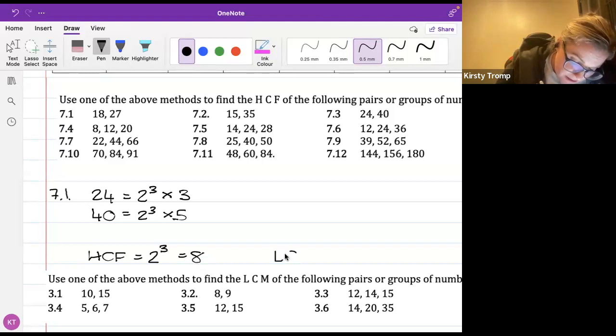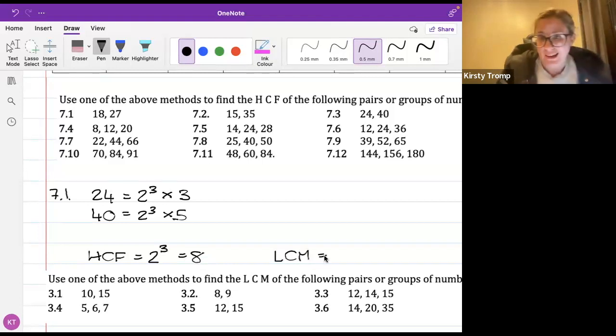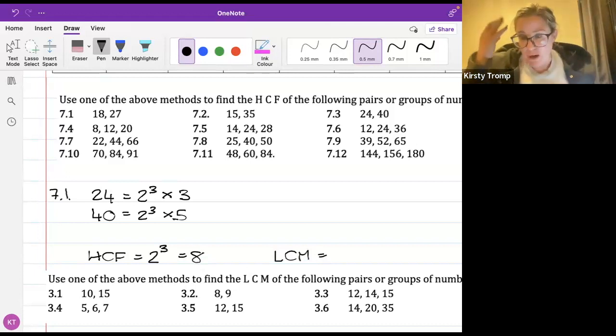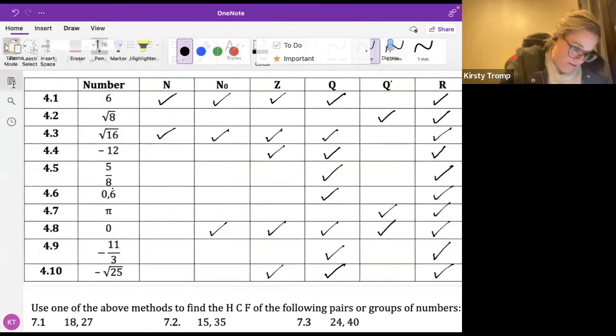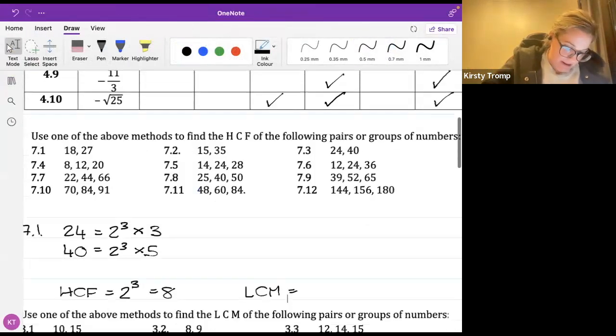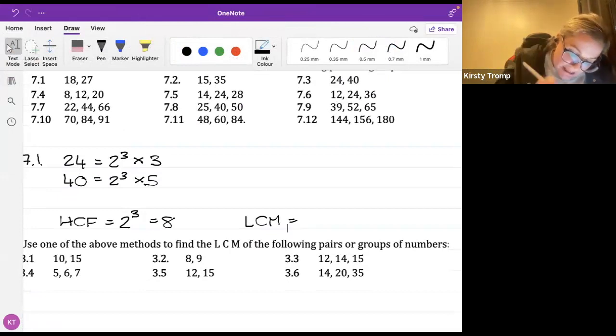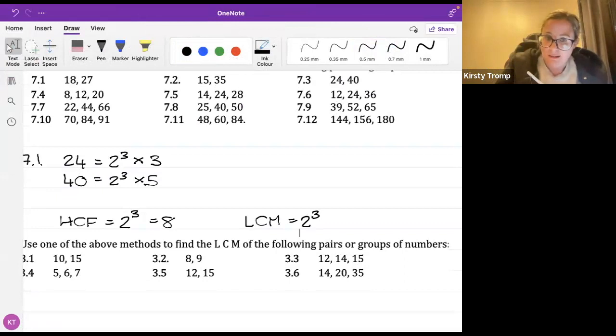Let's talk about LCM. What does the M stand for again? Can you remember? Maximum. So I want everything now. If I look at my 2s, I'm going to do my maximum 2, so I'm going to do 2 to the power of 3. Happy? Then what am I going to do with my 3s? Am I going to take my 3s?